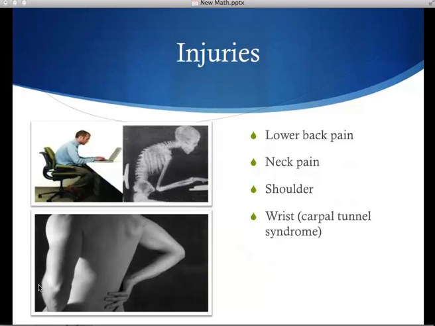Some injuries are lower back pain, neck pain, shoulder pain, and wrist pain. One common wrist pain is the carpal tunnel syndrome, which is the impingement of the median nerve. These things can affect functional activities at work.